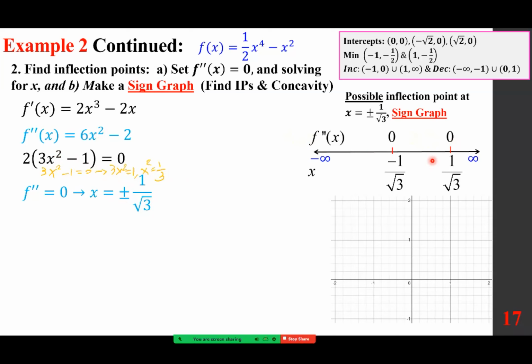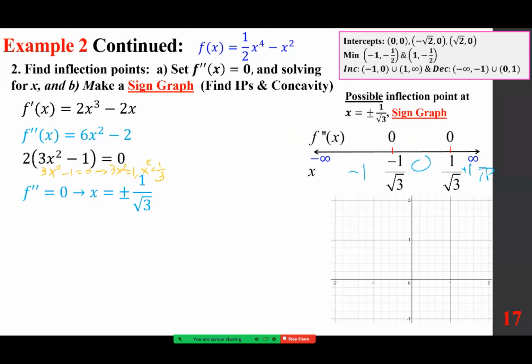What are the TPs or test points? So if I want to use TPs, the easiest one would be 0 in between, right? And to the left of -1 over square root of 3. Square root of 3 is 1.71 roughly. So minus 1 over that is larger than -1. So I can use -1 here. I can use +1 here.